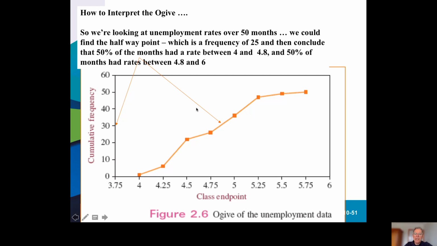So, for example, here we might say, look, I've got 50 months all up. What about half the time? Half the time's 25. So you might read off here at 25 and go, okay, look, half the time unemployment rates were greater than 4.75, and half the time they were between 4 and 4.75. So it just gives us a way of working out percentages with the data that we're looking at.